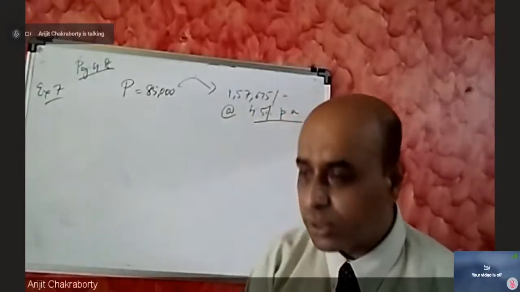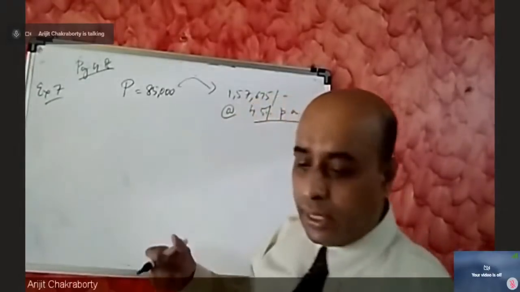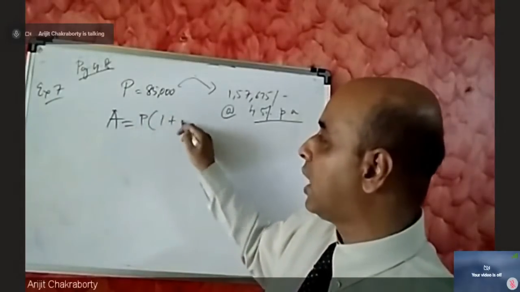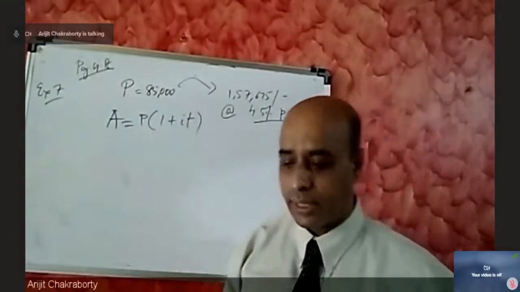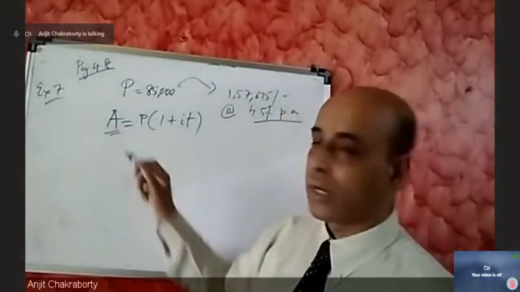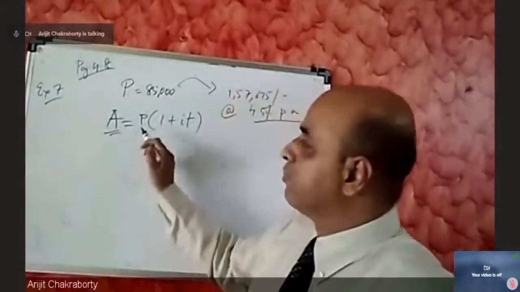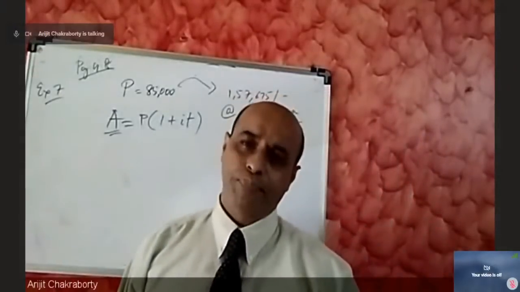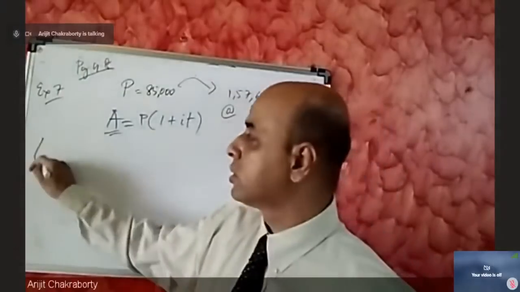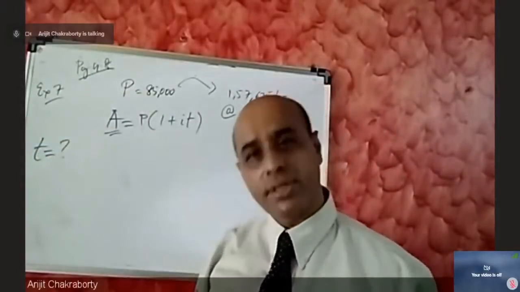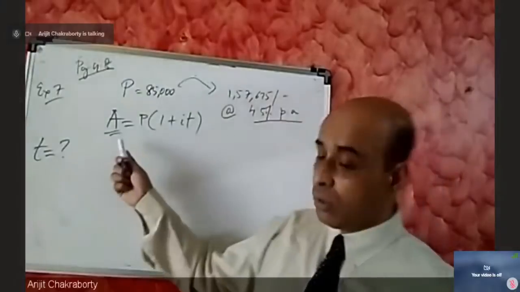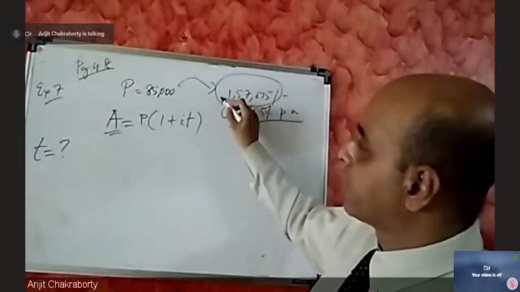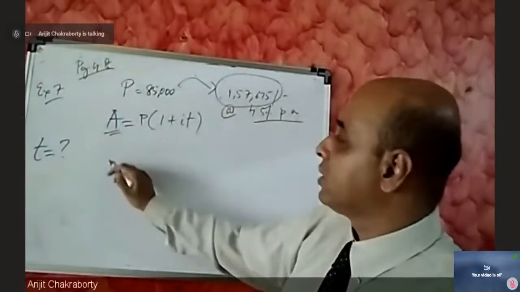We know the basic formula once again: amount is equal to P into 1 plus IT, where A stands for amount or accumulated balance, P is the principal, I is the interest rate, and T is the time. Here we don't know the time, so time is a question mark. But we know the amount, so this goes to the left hand side.